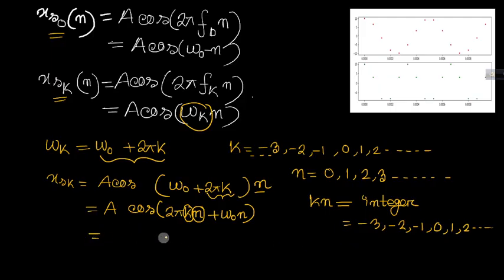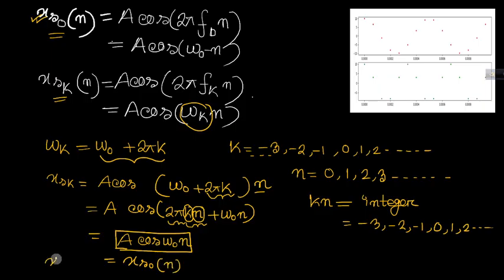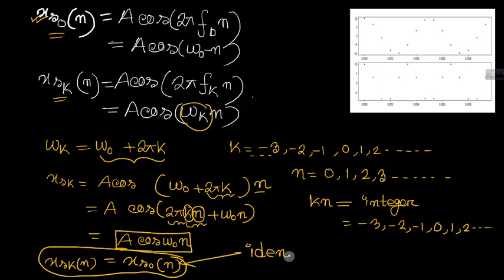So we know from the property of the cosine function that if you have an integer number multiplied with 2 pi, then we can write this as cos of omega naught n. Okay, and look carefully, what is this? This is actually xs naught. So we can say that these two signals are the same, that means these two signals are identical.